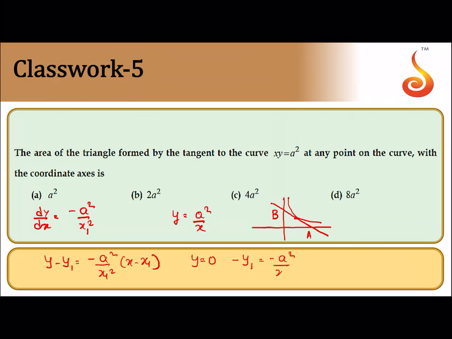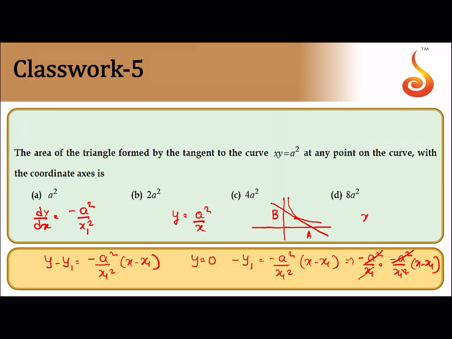Y minus y1 is equal to minus a square by x1 square into x minus x1. We put y equal to 0. If y equal to 0, we get minus y1 equal to minus a square by x1 square into x minus x1. So what is y1 actually?